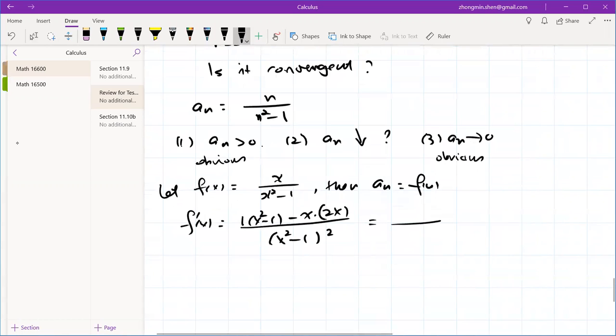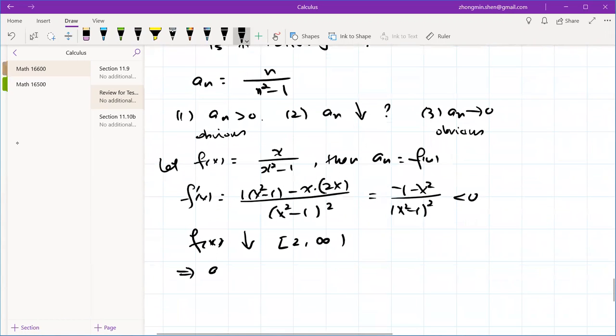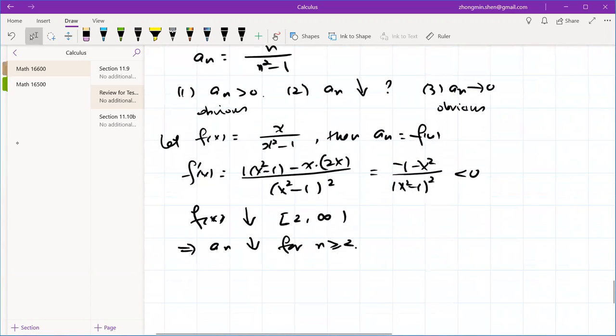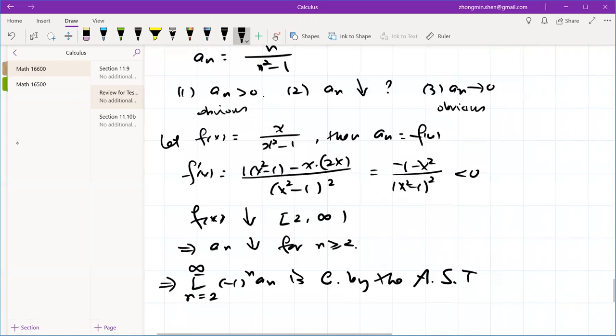So I get negative 1 minus x squared in the numerator. It's always negative, as long as it's defined. So that means f of x is decreasing on the interval from 2 to infinity. This implies a_n is decreasing for n greater than or equal to 2, and therefore the series of a_n times negative 1 to the n is convergent by the alternating series test.